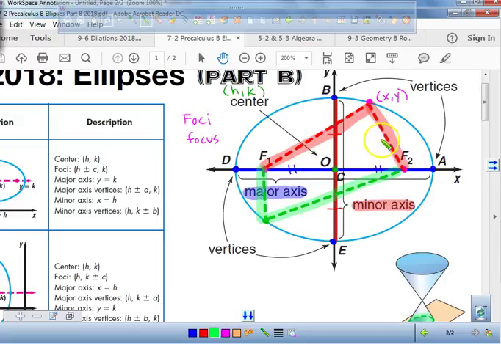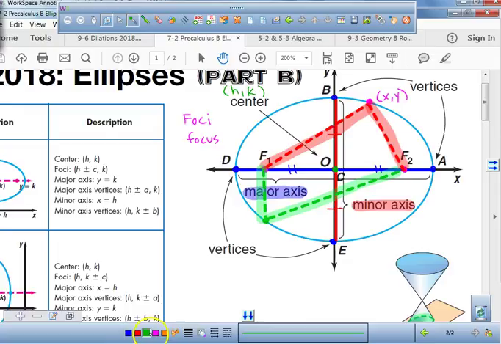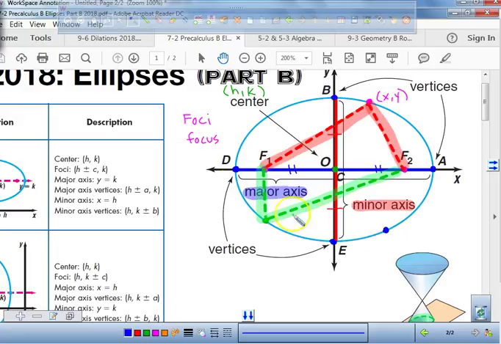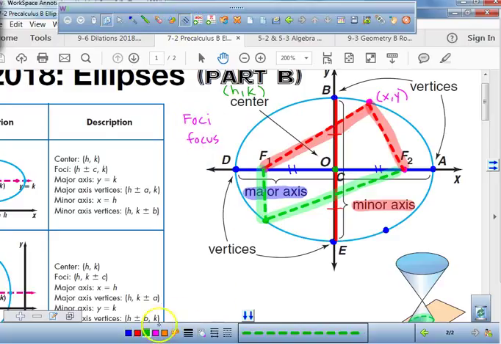And that's what's special about an ellipse, no matter where you go. If I went over here and put another random point, where do I have to connect this point to? To the foci. Got to connect them to the foci.